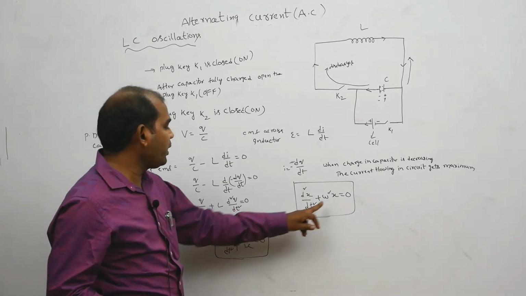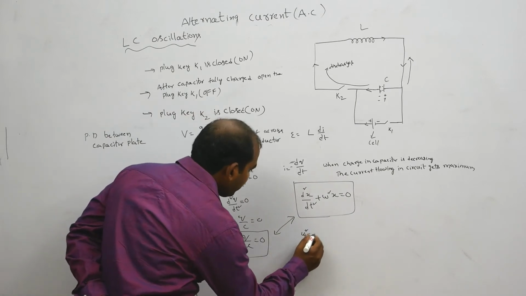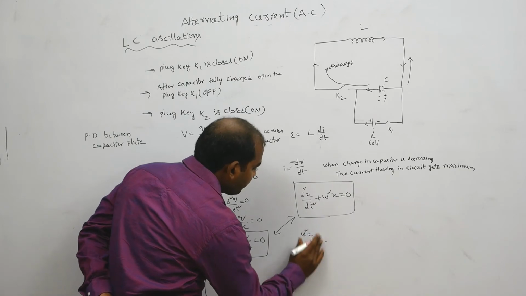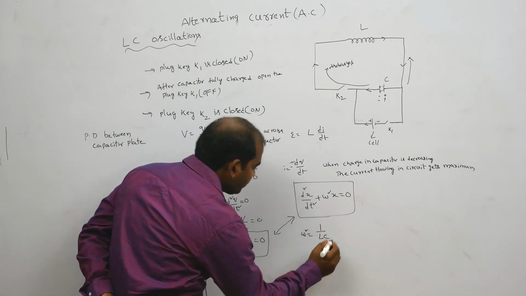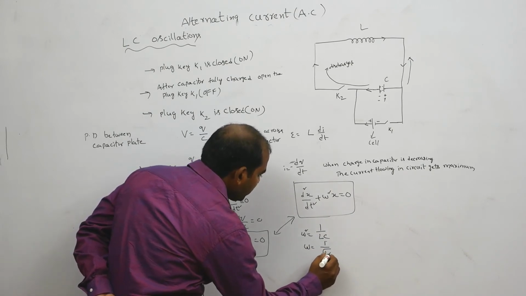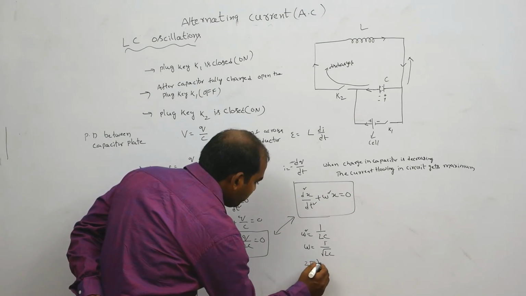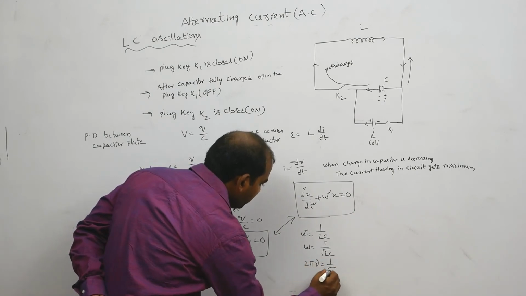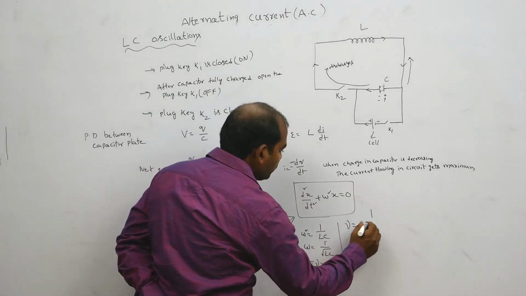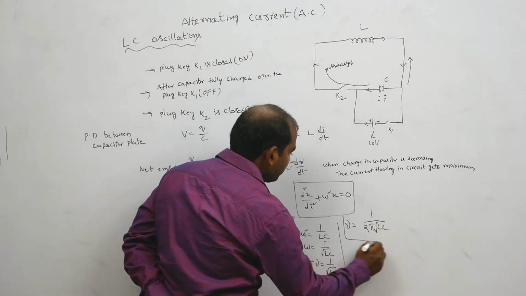In place of omega square, we have 1 by LC. Omega square is equal to 1 by LC, then omega is equal to 1 by root over LC. You already know that omega is equal to 2 pi nu, so nu is equal to 1 by 2 pi root over LC.